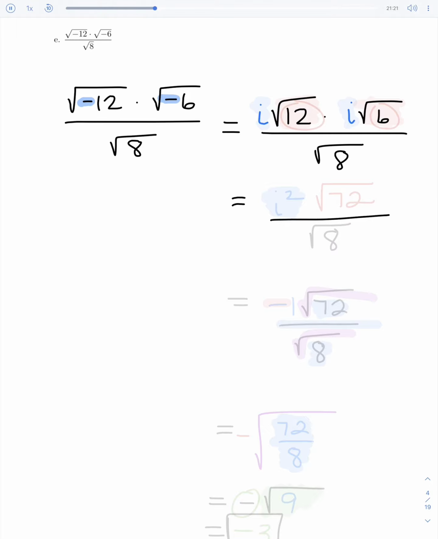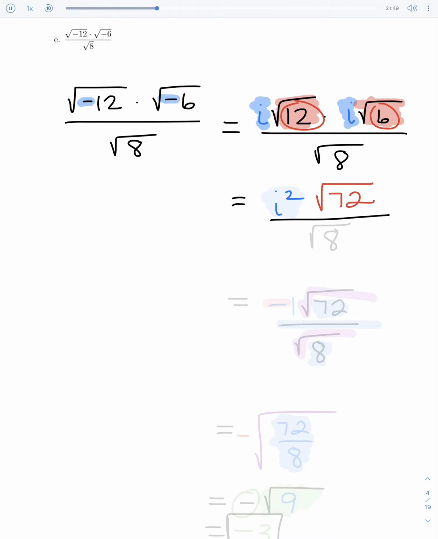Continuing along, now I can go ahead and multiply normally. I've got an i times an i, which is going to give me an i squared. And I can multiply the square root of 12 times the square root of 6, which will give me the square root of 12 times 6. I'm going to bring the two square roots together. 12 times 6 is 72.